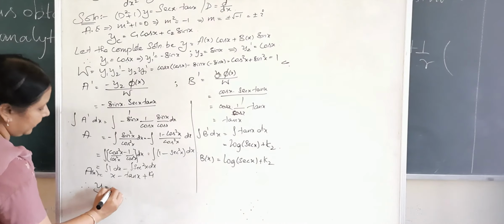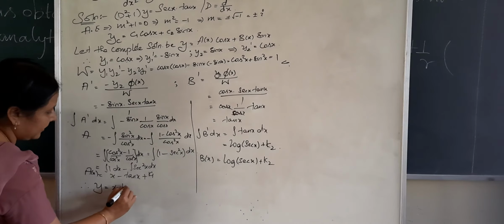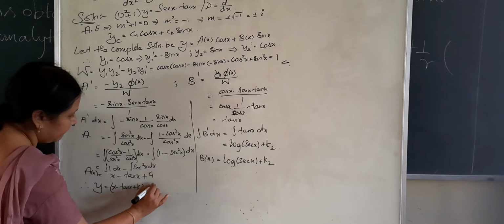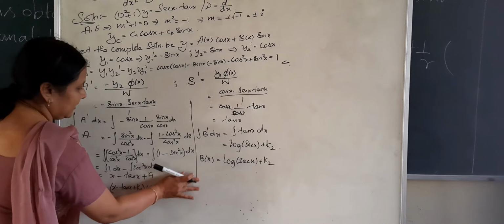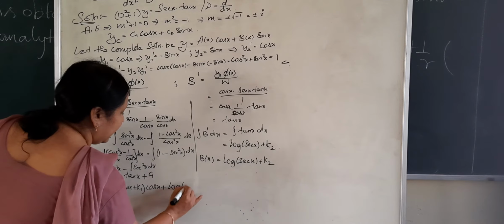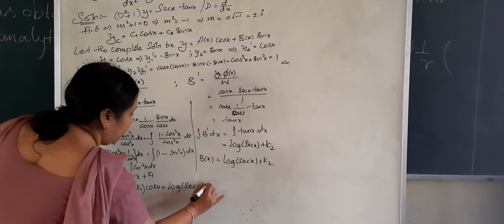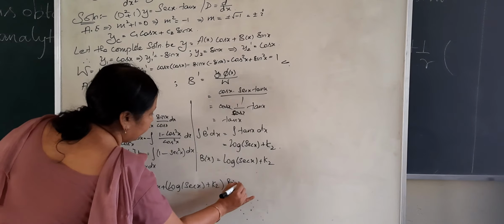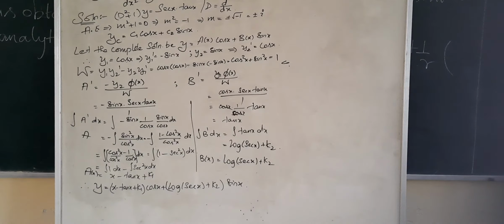Instead of a of x, we will write (x minus tan x plus k1) into cos x plus (log of secant x plus k2) times sin x. Understood, guys? So this is in terms of log, cos x and sin x.